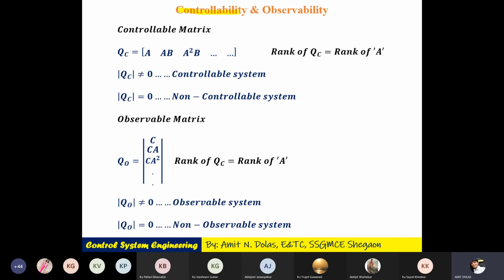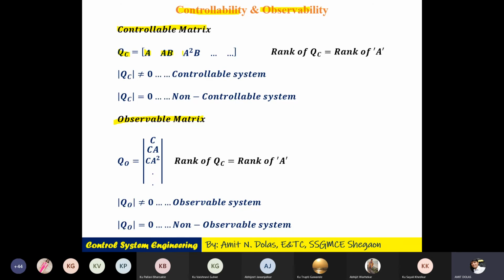So there are two types of matrix. One is the controllable matrix, second is the observable matrix. What is the controllable matrix? Denoted by QC, it is in this form: B, then A into B, where A is the system matrix and B is the input vector, we write B u of t.